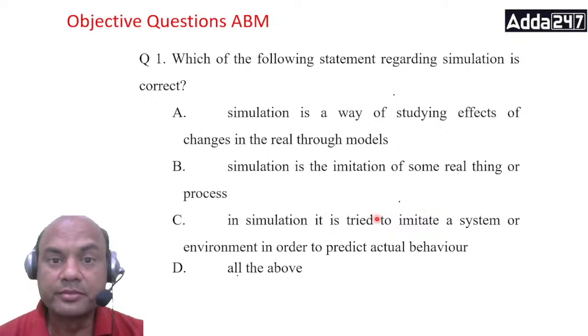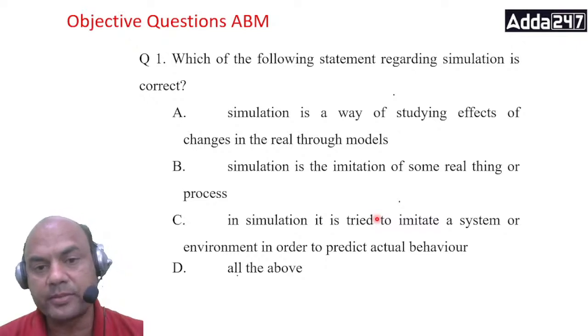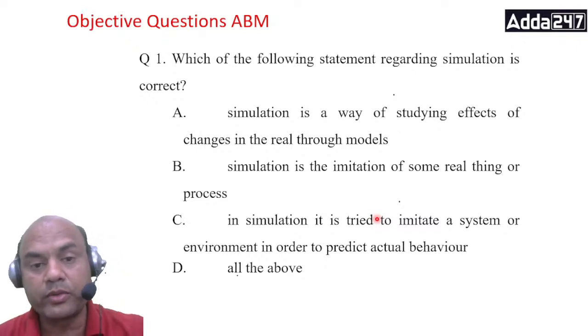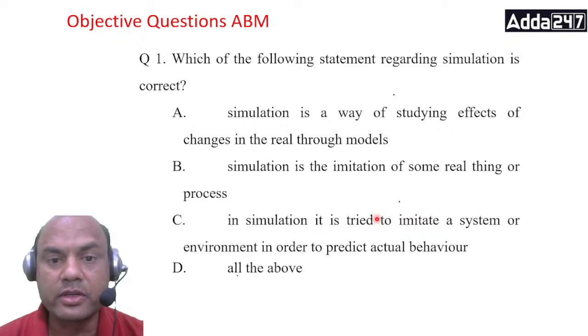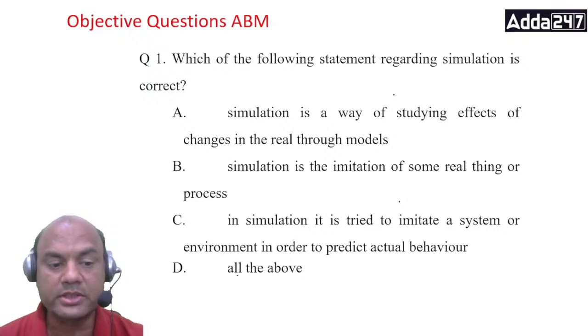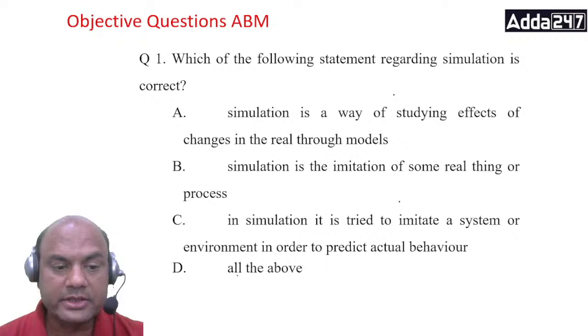Let's start. Which of the following statements regarding the simulation is correct? So now you have to find out whichever is correct. Always remember, in the exam you have to focus on what is asked, whether correct is asked or wrong is asked. If they want wrong, then you have to click on the wrong one. Let's see.